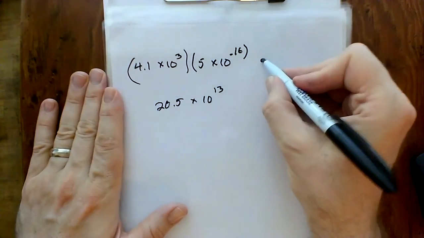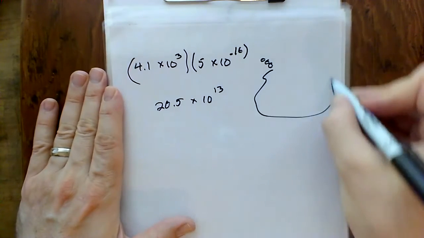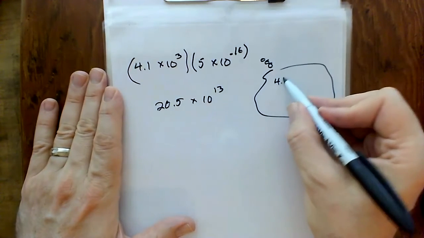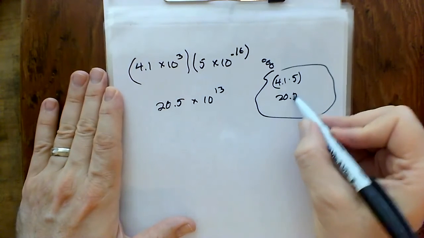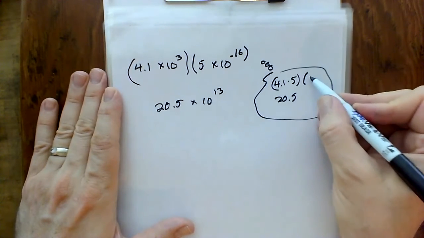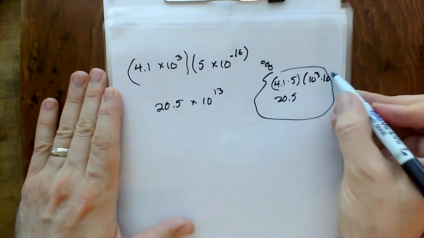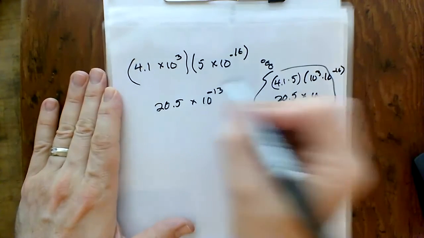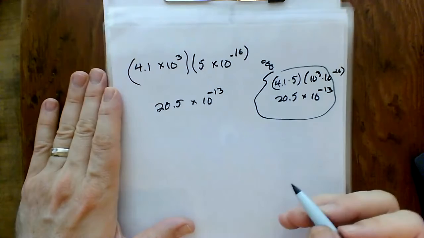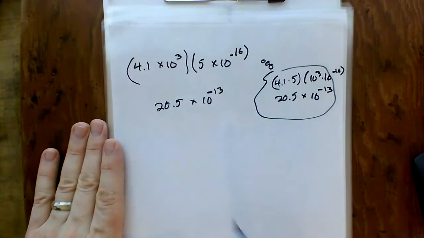And my thought process here, I'm just moving fast. I've got 4.1 times 5, and that's going to be our 20.5. And then we've got our 10 to the third times 10 to the negative 16th. That's our 10 to the negative 13th. Knew I was missing something there.